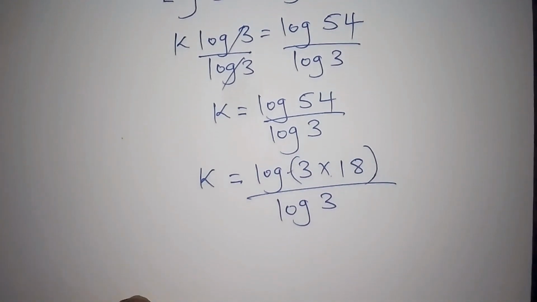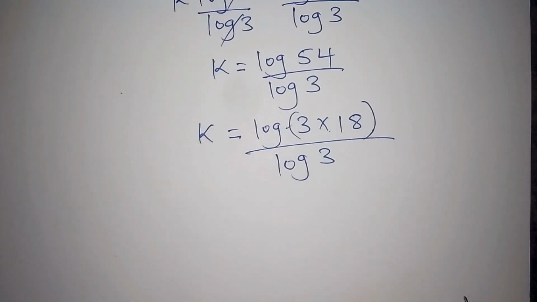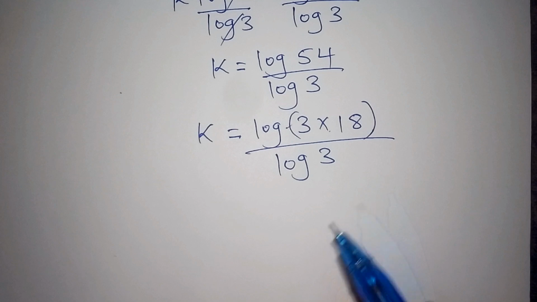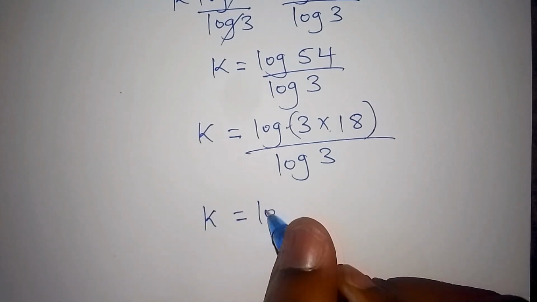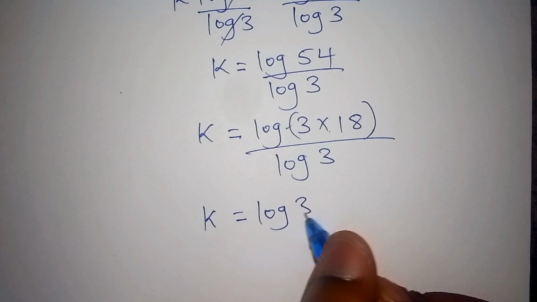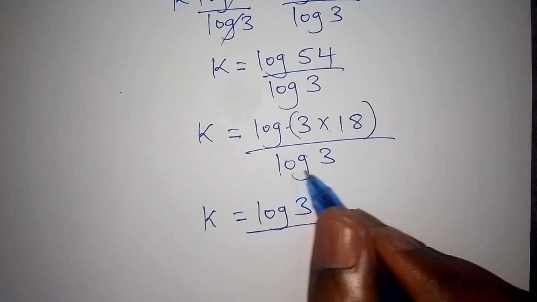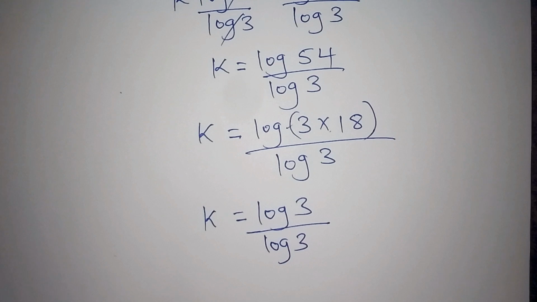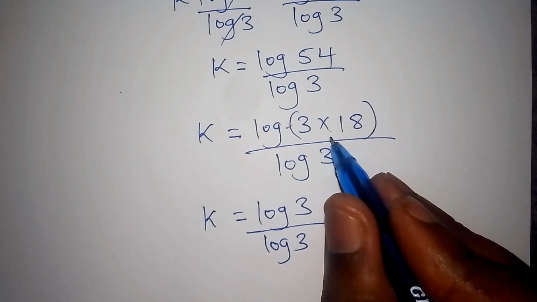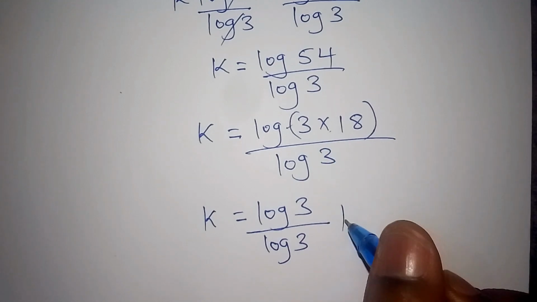Once we reach this particular stage, we shall be forced to split this. So now k is equal to the log of 3 over the log of 3, since we divide both sides by the log of 3. Then, according to the law of logarithms, the multiplication sign changes to addition.